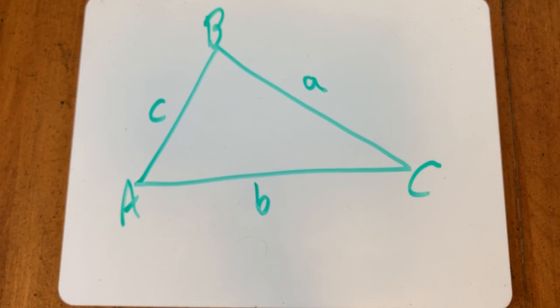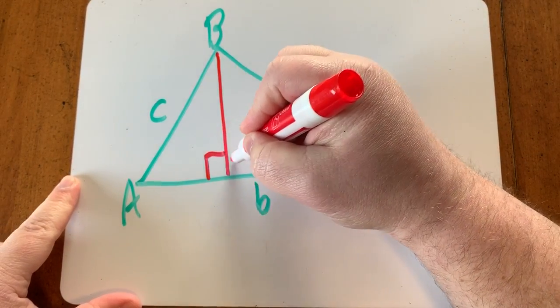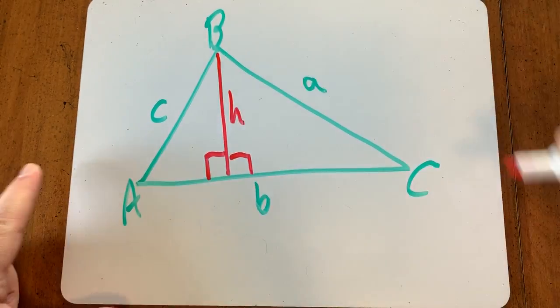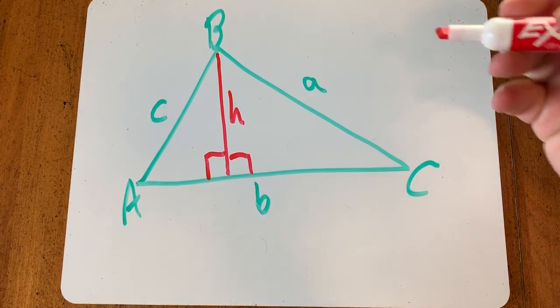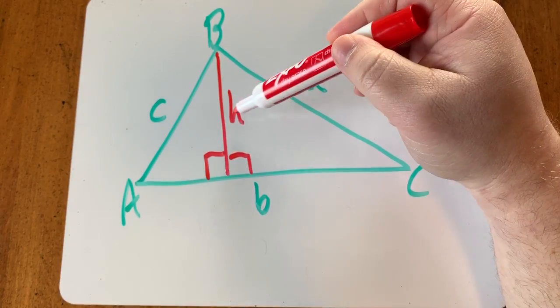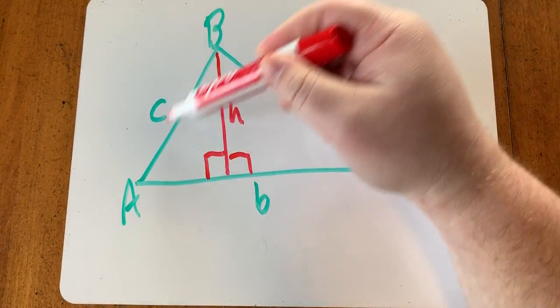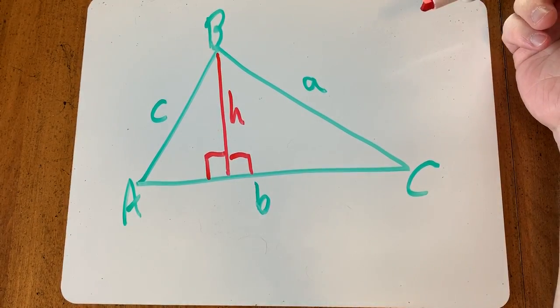And just like last time, we're going to draw an altitude to make right triangles. And that altitude I'm just going to call H, because H is for height. Now, with the law of sines, we worked with H and C in this triangle because we had the opposite and the hypotenuse.